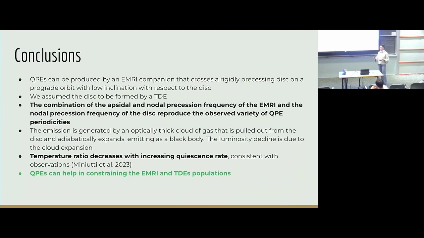So we require a mutual inclination below 15 degrees between the disk and the embryo, and this gives you a few percent out of the whole solid angle, because we rule out retrograde orbits as well. And so yeah, I agree with you. But in our model, the change in the mutual inclination is taken into account, and so is the change in relative velocity. So it always stays within 15 degrees.